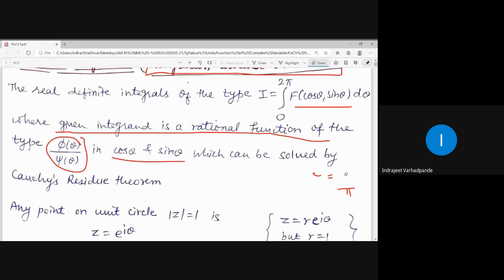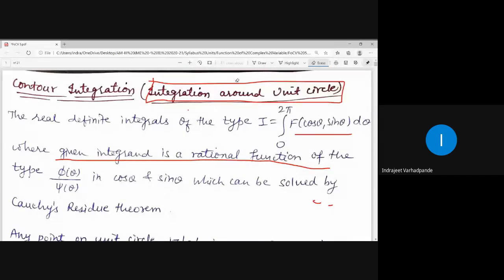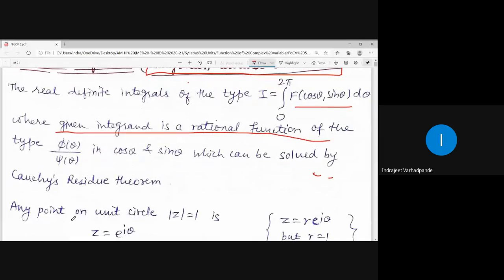So write it properly: what will be the type of integrand, a rational algebraic function in theta mostly containing cos theta and sin theta. Limits of integration will be 0 to 2 pi, which represents one complete circle or a unit circle, which can be solved by the Cauchy residue theorem.